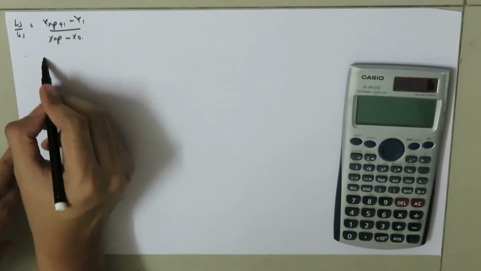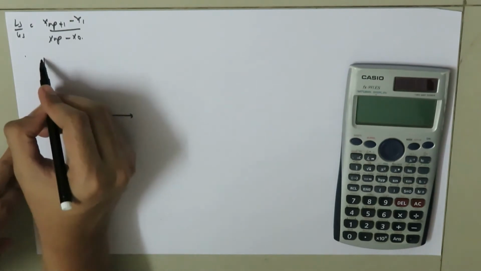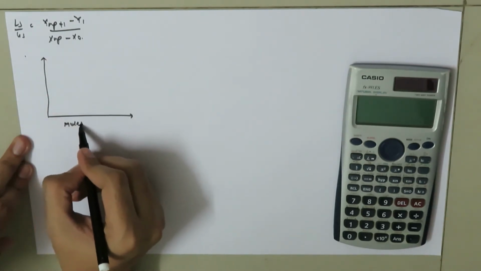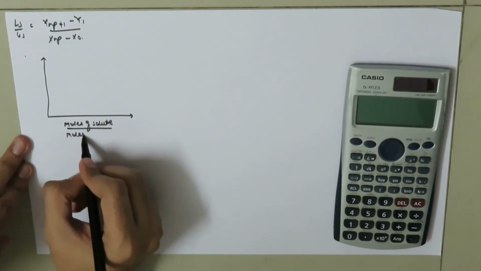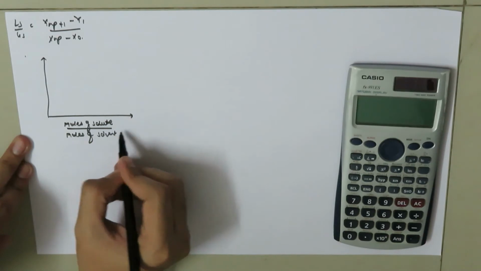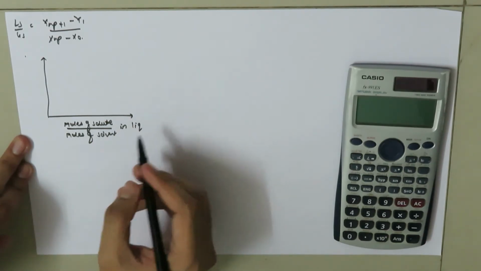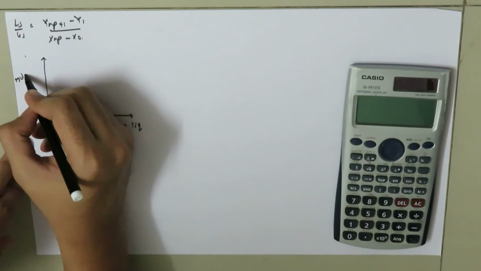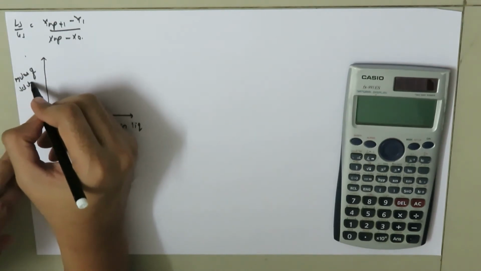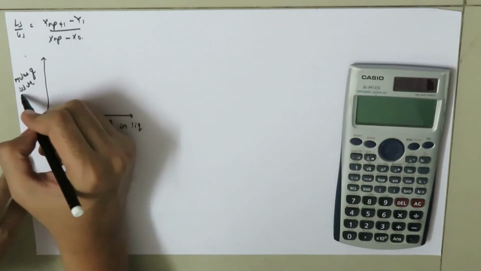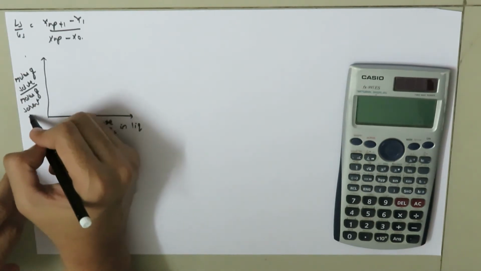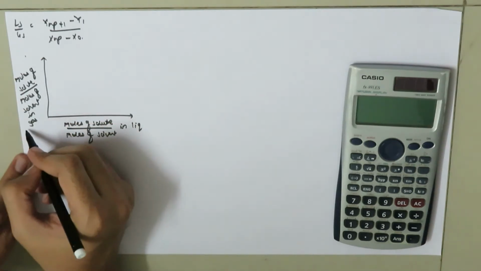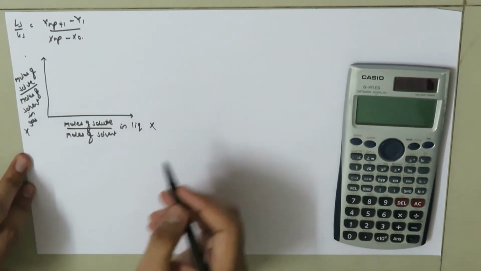So on the graph we have moles of solute, that is ammonia, divided by moles of solvent in liquid, and moles of solute over moles of solvent in gas, that is, this is capital Y and this is capital X.